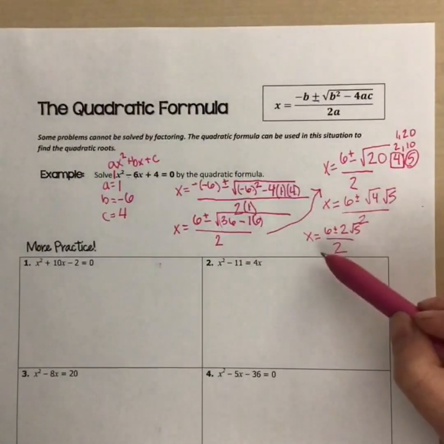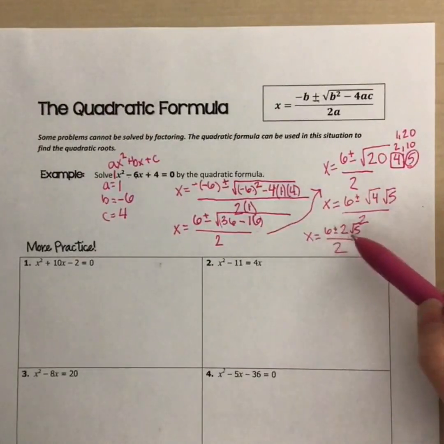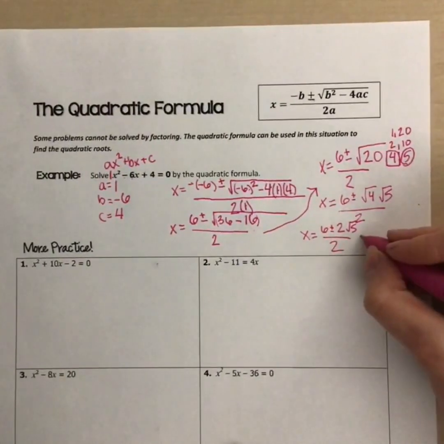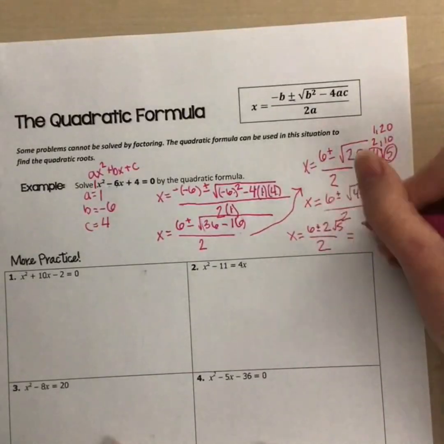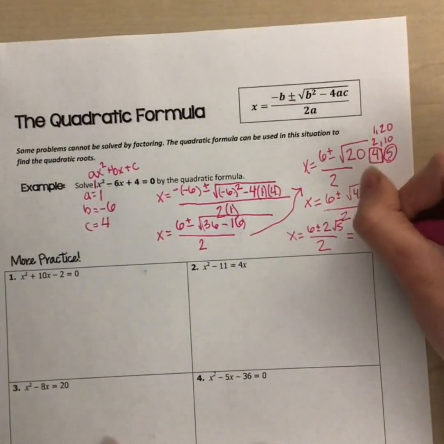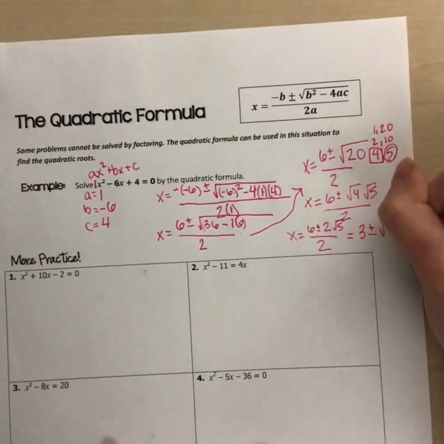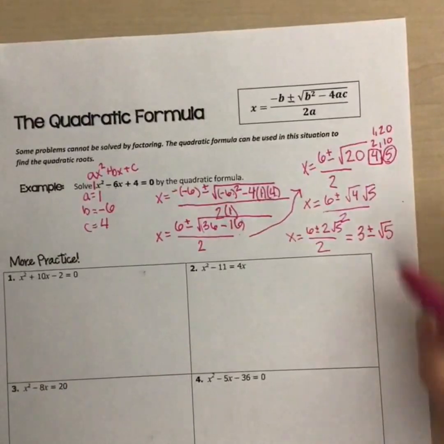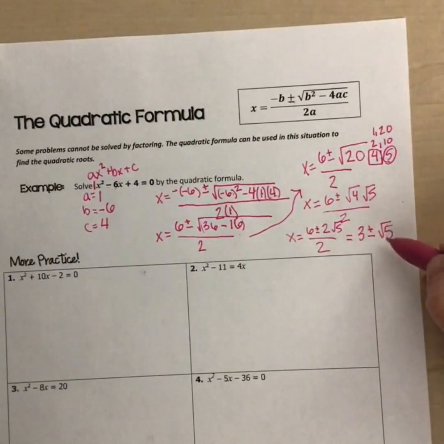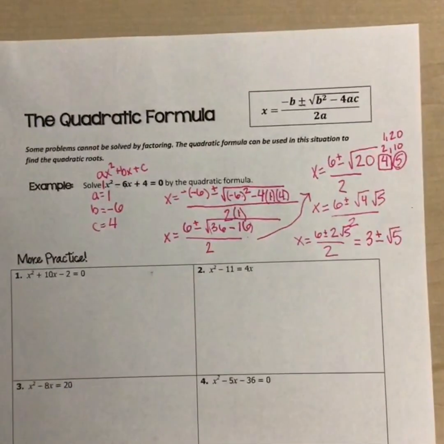And hopefully you've noticed that 2 goes into 6 and 2 goes into itself. So dividing both of these by 2, I would get that x equals 3 plus or minus the square root of 5. So you'd have two solutions, one where you're adding the square root of 5 and one where you're subtracting the square root of 5.